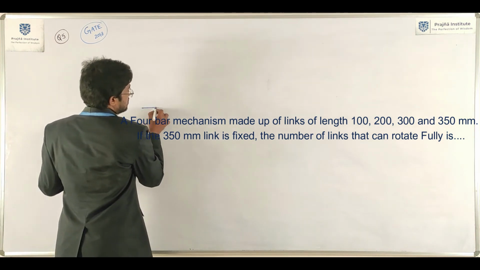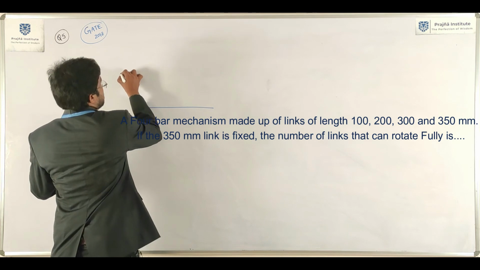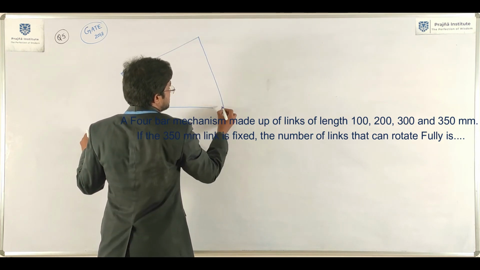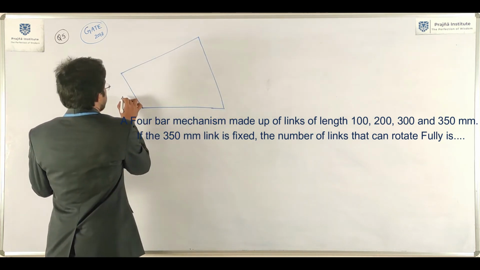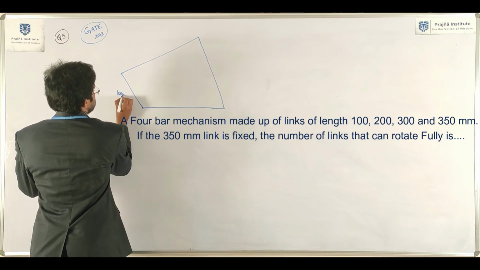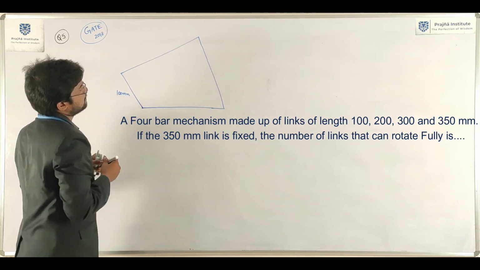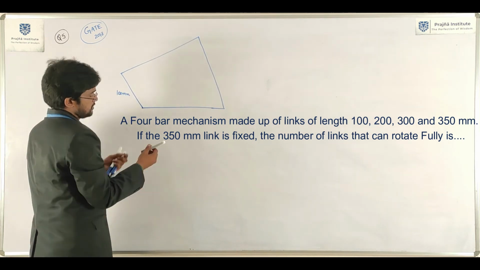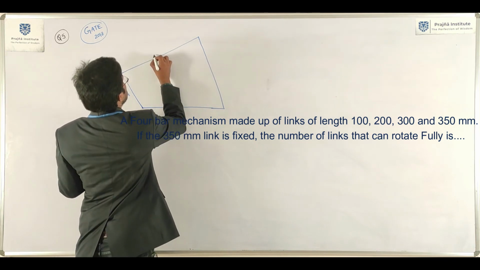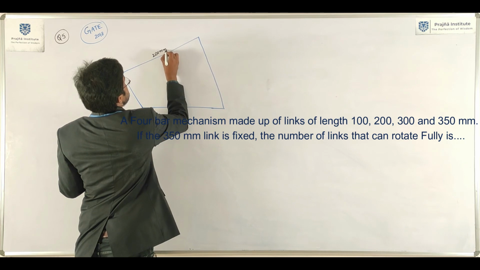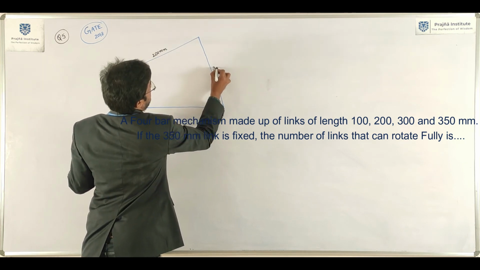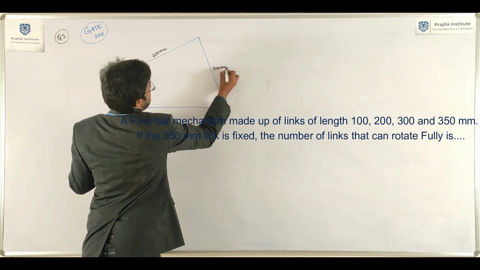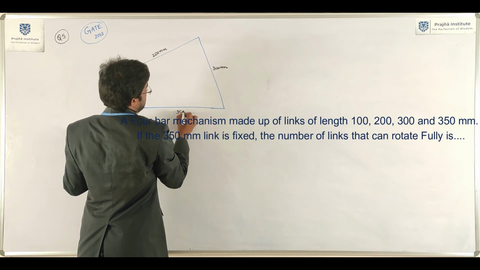Okay? So here, a 4-bar mechanism made of 100 mm, one other one is 200 mm and 300 mm. After that 350 mm.